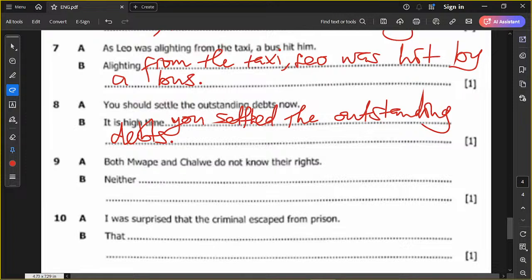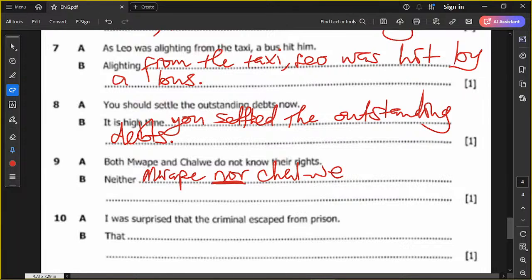So we can go through question 9. Both Moape and Chalwe do not know their rights. Okay, so we start with neither. So when we use neither, we are going to say neither Moape nor Chalwe. You should always remember that neither works with the nor.